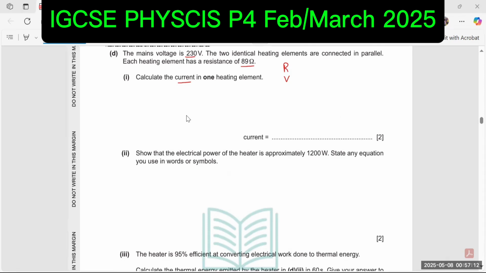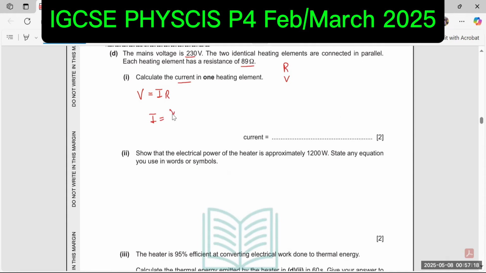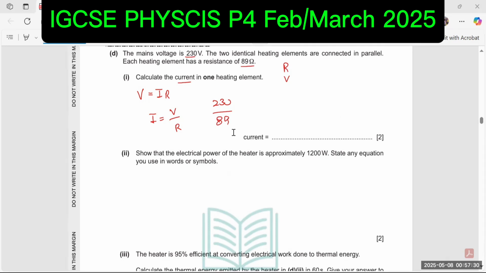V is equal to IR, the famous Ohm's law, so I is equal to V over R. Putting in the values, 230 divided by 89, we get the current, that is 2.6 amperes.